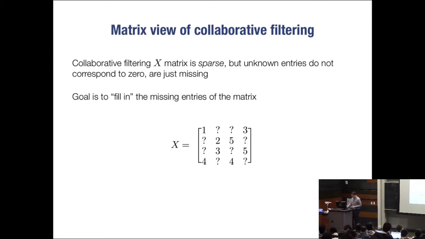So you should think about this matrix as being sparse, but the unknown entries are not equivalent to 0; they are just unknown. It's not that you rated them 0 stars, you just haven't rated them before. Our goal, in some sense, is to fill in the missing entries of this matrix.